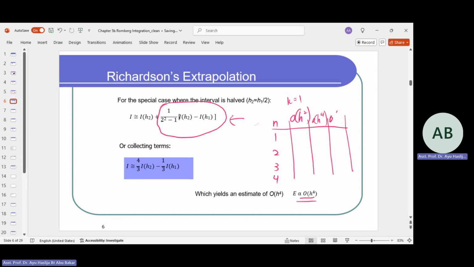Third level, O(h^6). For the first level only, we use trapezoid rules. For the rest of the levels, we use this equation. Okay, I introduce the equation first. This is for O(h^4).